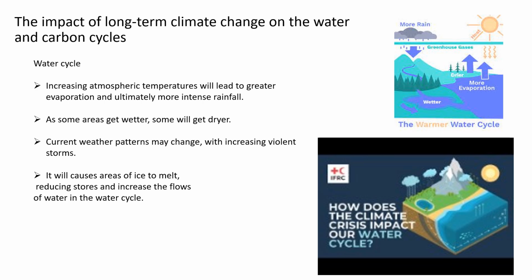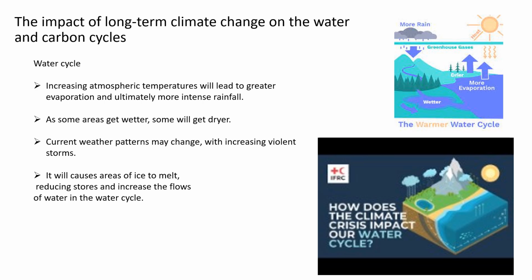If we think a little bit about climate change, it is impacting our oceans, our biosphere, our atmosphere, and all of those are places where we have water and carbon.